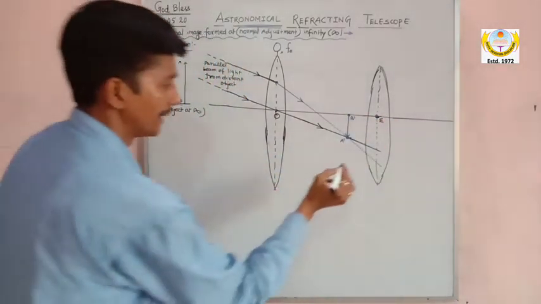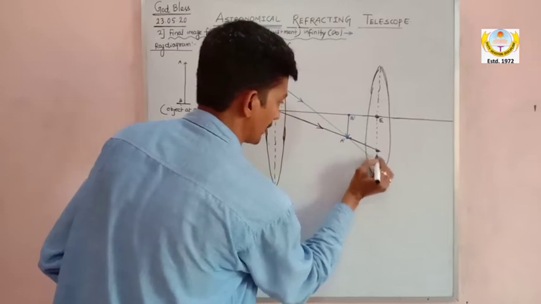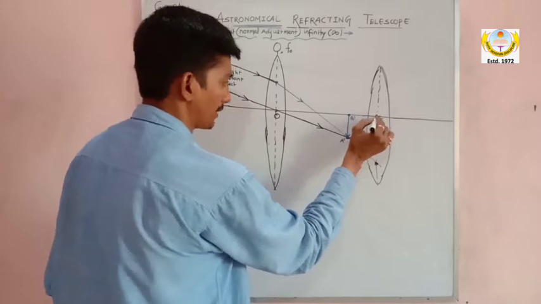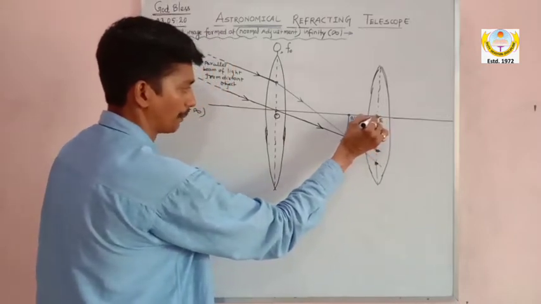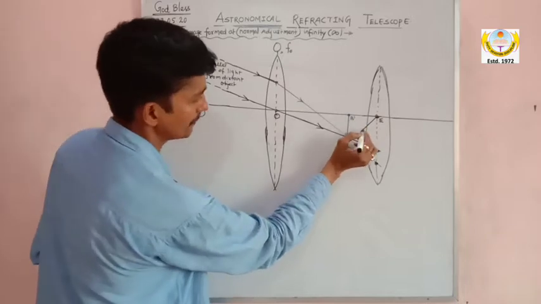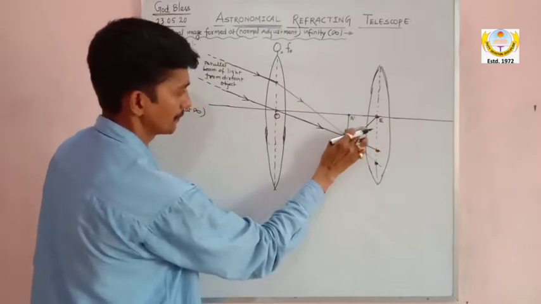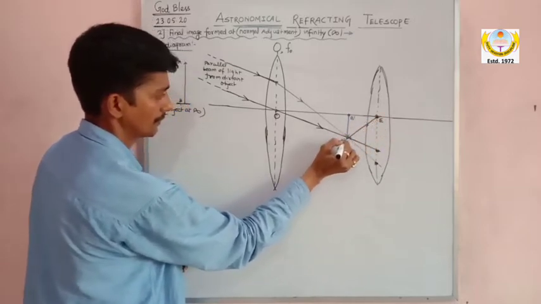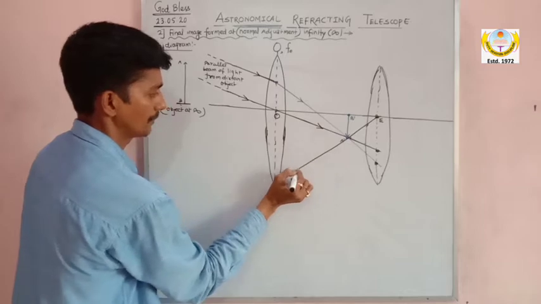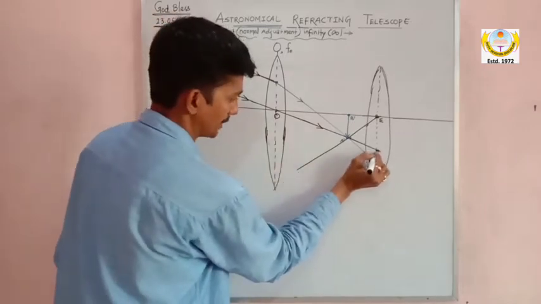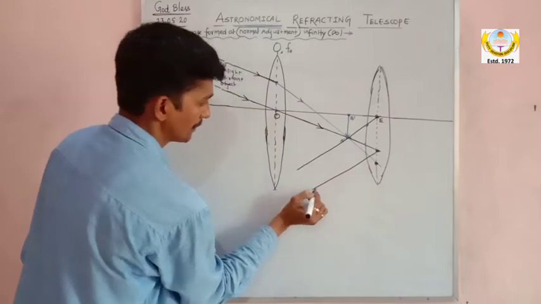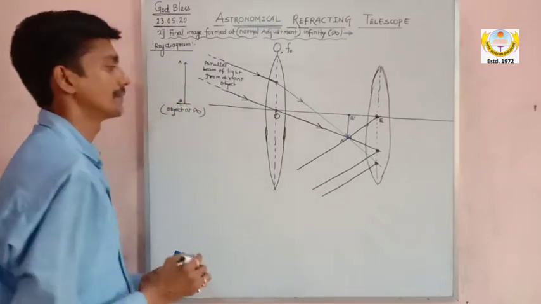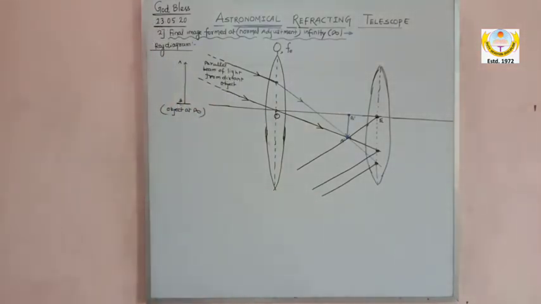And as I told you, in the eyepiece lens, here is the point where these two rays are coming and meeting. So what I suggested, you draw the first ray from the optical center of the eyepiece like this. The second ray you draw like this. The third ray you can draw like this. See, these are the rays which you can draw, my dear.